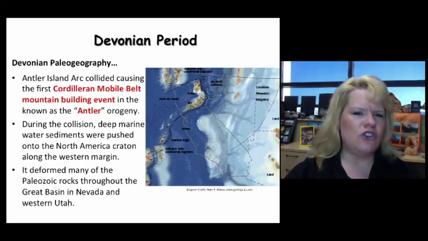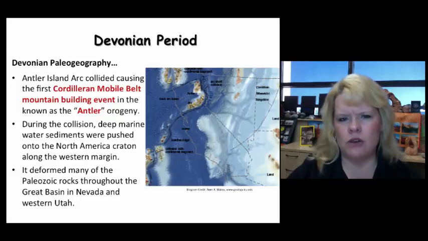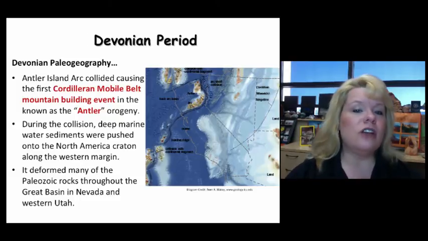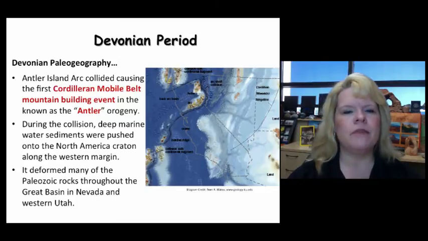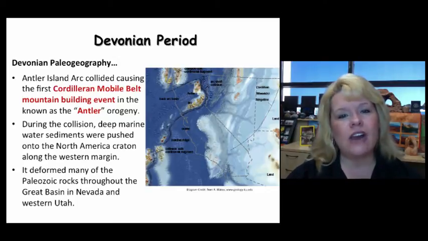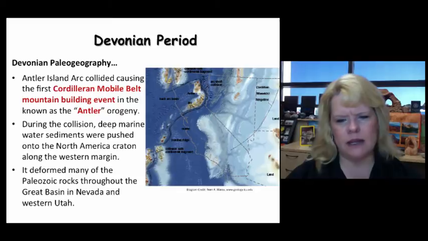So let's shift gears and talk about the west side of the continent. We're going to have mountain building over there. This is a completely different situation in plate tectonics terms than what we saw on the eastern margin with the Acadian orogeny. Instead, this is the Antler orogeny. What does that mean?